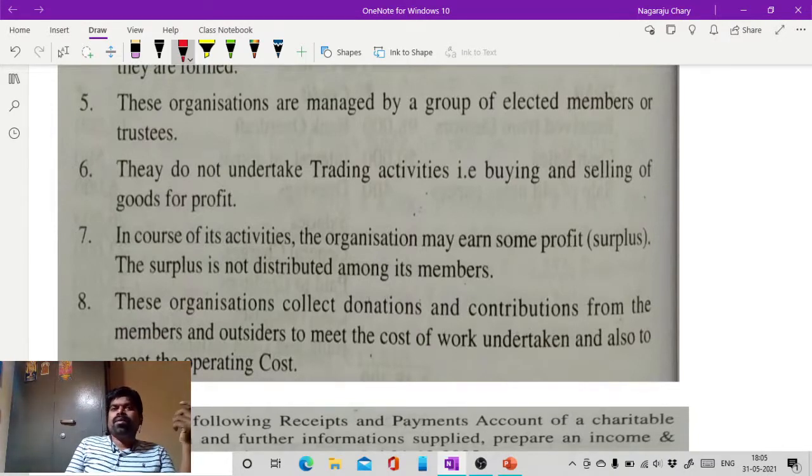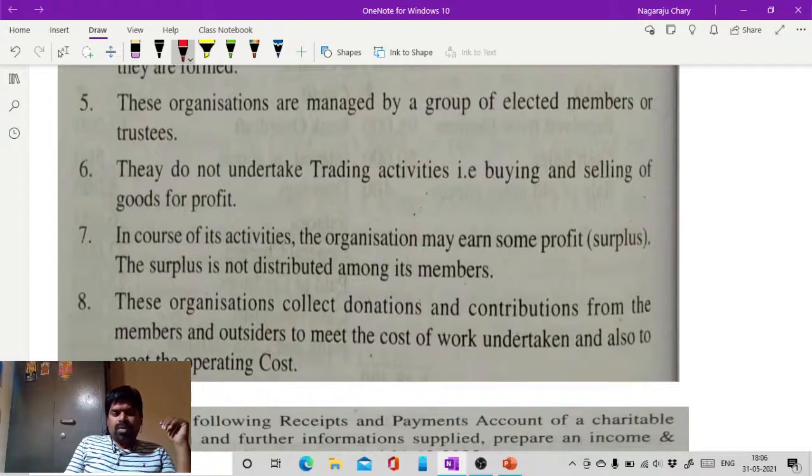So non-profit organizations are not to perform buying and selling of goods for profit. The organization itself is established on a service model, so they don't expect any profit or any other things.